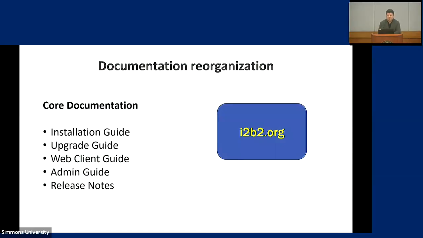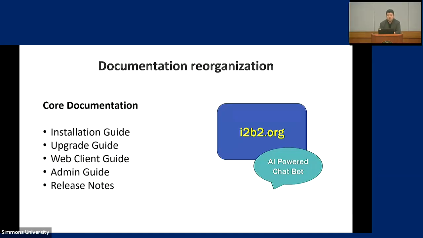So about the documentation, everything so far has always been put on the community wiki, but we want to move some of the core documentation, which is the install guide, the upgrade guide, how to use the web client, the admin tool, and all the release notes, to i2b2.org. We'll maintain it there. The main reason is because we are working on putting an AI-powered chatbot in front of it.